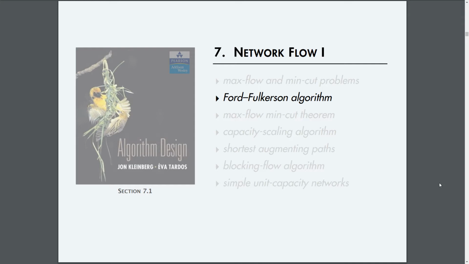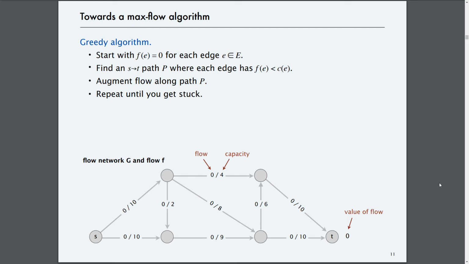Now we're going to look at the Ford-Fulkerson algorithm. Okay. So we're going to try a greedy approach. We'll start with flow of all edges being equal to 0. And we'll find a path from S to T, often called an ST path, where each edge has the flow value less than the capacity.